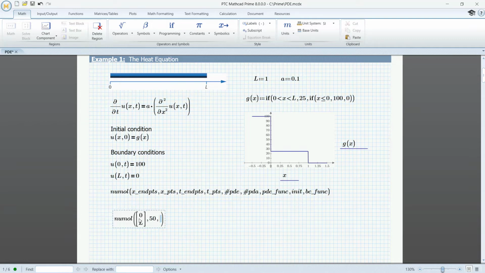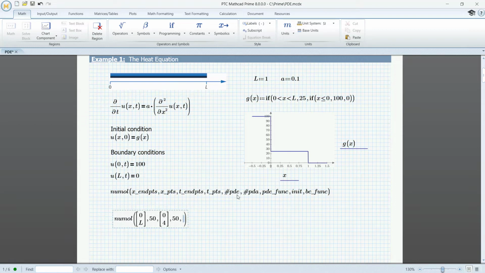Then the t endpoints, again a matrix, and let's enter from 0 to say 4, again with 50 t points. All in all, this gives us an xt grid of 2,500 points to approximate the solutions.